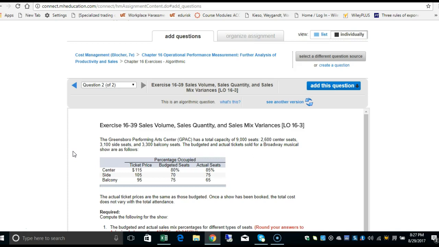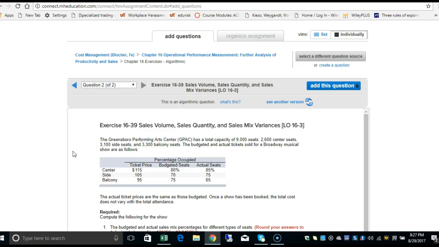Most companies don't sell one product. They sell many products. And depending on different product mixes, most products have different contribution margins or different gross profit margins.